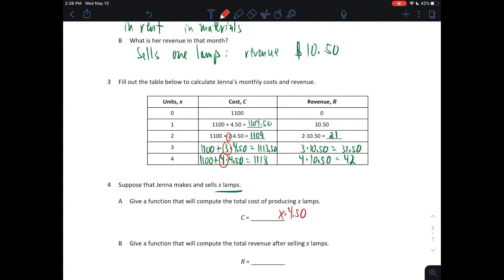So your cost is 1100 plus x times $4.50. And just like we did in 11.1.2, we can think of this as C equal to 1100 plus 4.50x, where we usually write the number times the variable x.